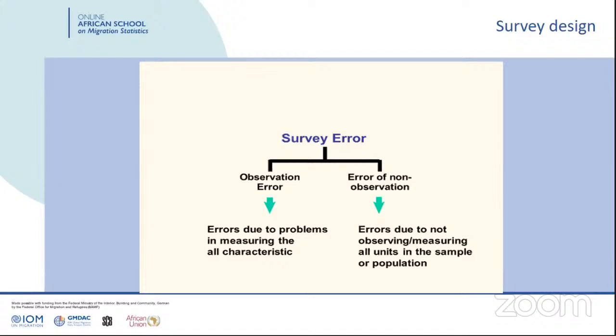Errors of non-observation, well, those are the errors because of missing data. Missing because not all units came into the sample, or missing because some individuals or households did not respond to the questions.